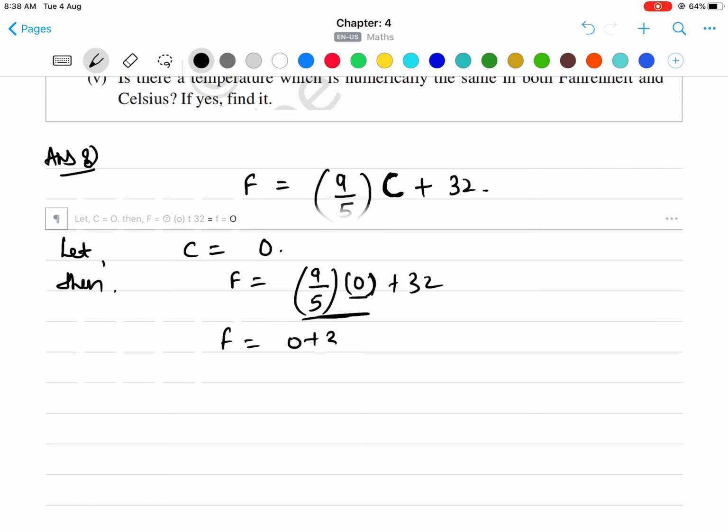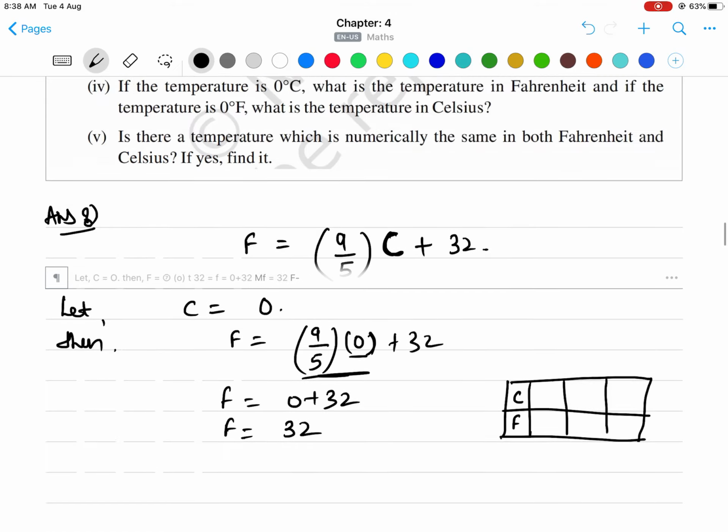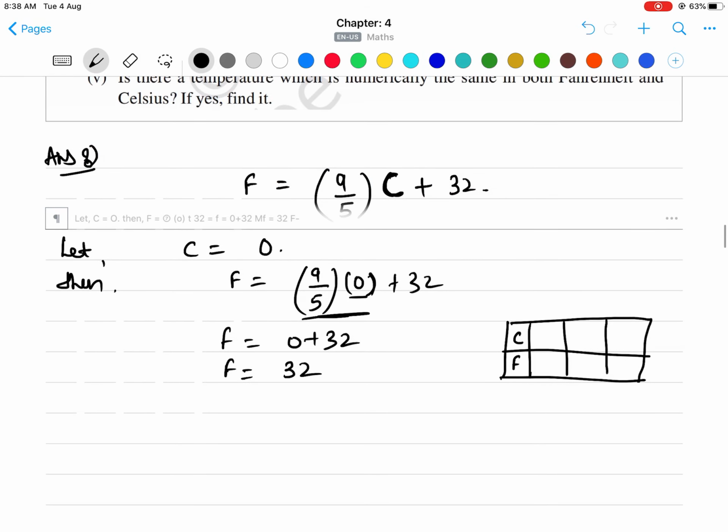So we get 0 plus 32, hence F is equal to 32. So the first solution of this equation is, let's write it here, we'll write Celsius here and Fahrenheit here, because we have to take Celsius for the x-axis. This is mainly x and this is y.